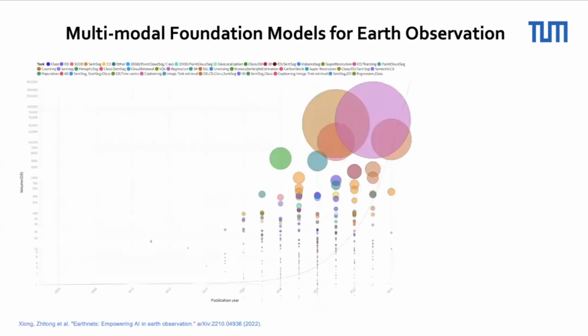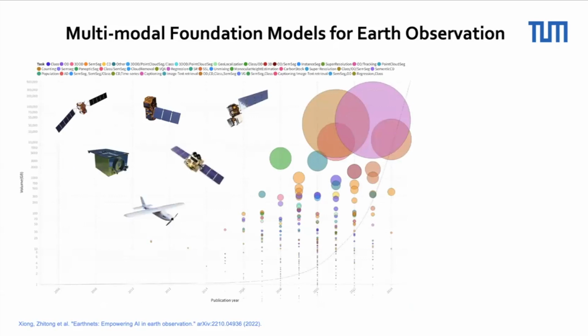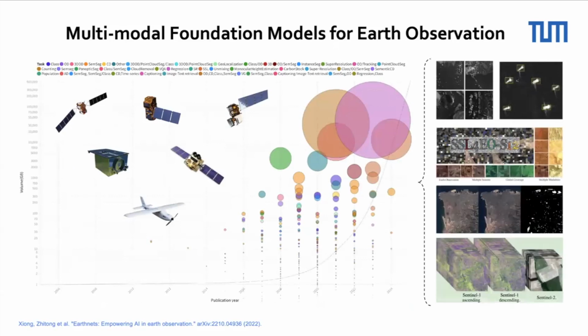As you can see in this figure, there are more and more datasets with larger and larger volumes published in different years. We can see this clear trend, and these datasets use images from different satellite sensor platforms, including Sentinel-1, Sentinel-2, and hyperspectral images from EnMAP and aircraft. On the right side, we list some very typical datasets in EO.